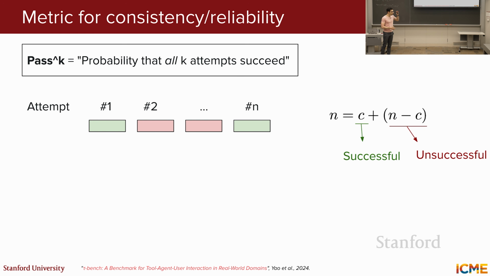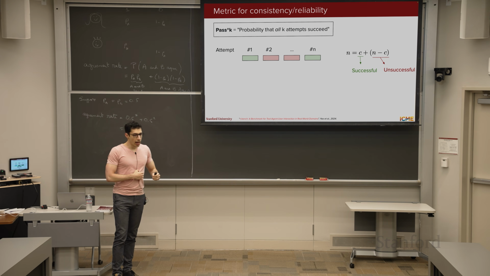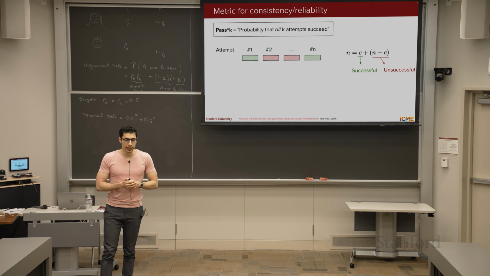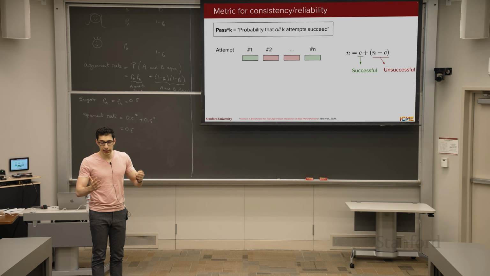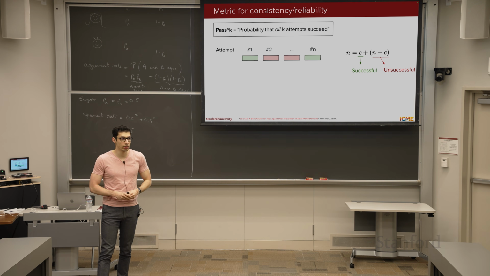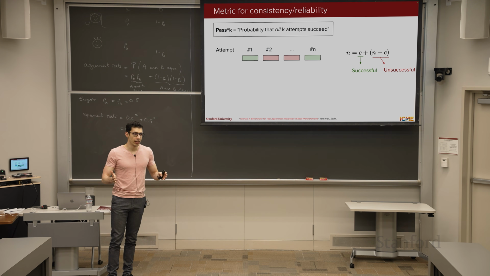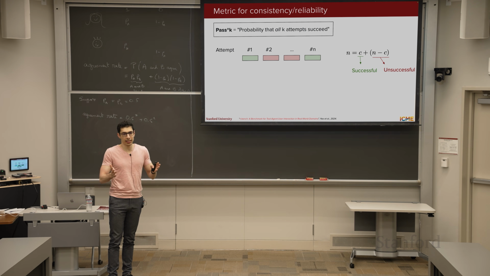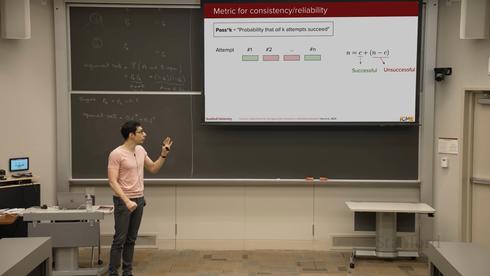As you have seen, the airline and retail domains were the ones chosen here. An agent in the loop here could be a way to see if automating the agent side of things could help. And in order to truly know whether it can help, you want to have reliability and consistency in mind. So if you execute the task k times, you don't want pass at k, the probability that at least one of them succeeds. You want the probability that all of them succeed, which is why this metric matters.